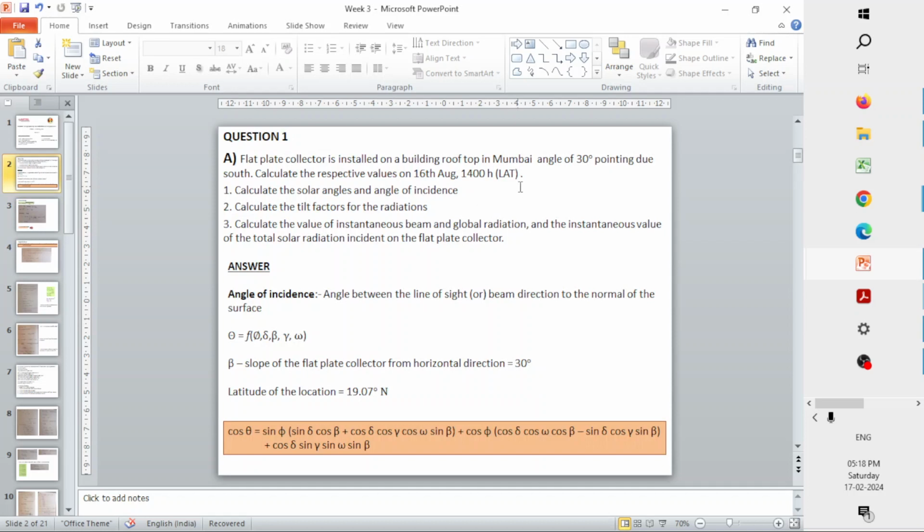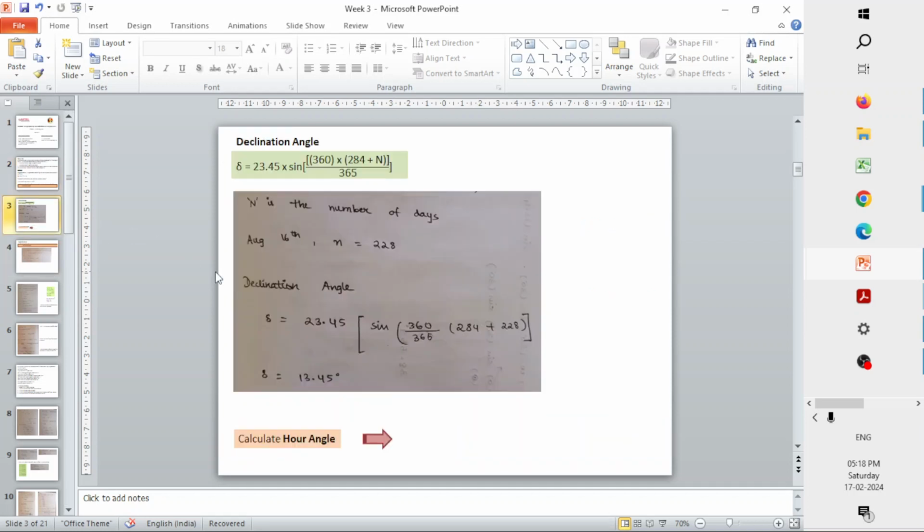You know the local apparent time, that is 14 hours, and then you just need to calculate the hour angle. I want the values from the audience along with the sign.